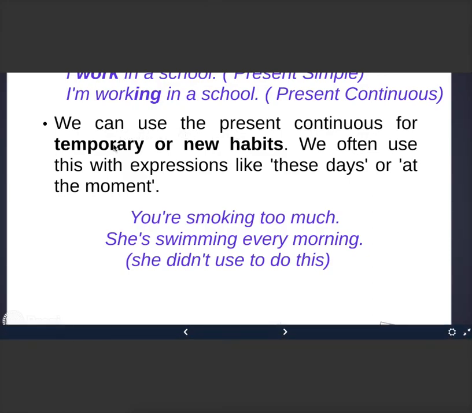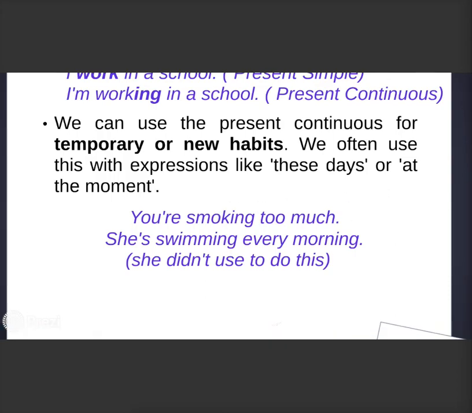Entonces, ¿cuál es la diferencia de este uso de presente continuo para hablar de hábitos y el presente simple para hablar de hábitos? ¿Quién me cuenta? Who can tell me the difference between this use of continuous to talk about habits and simple to talk about habits?